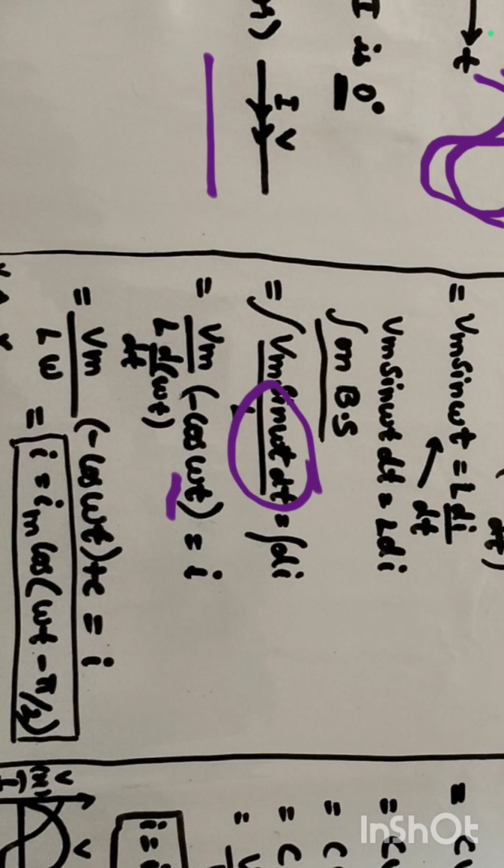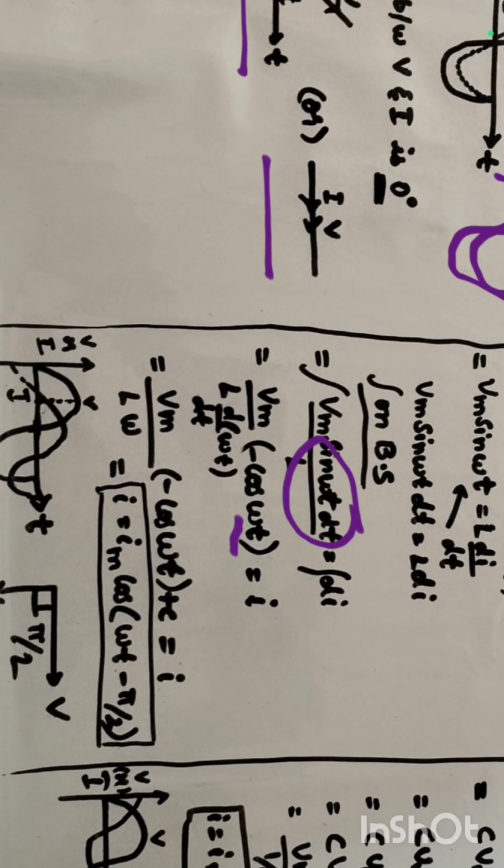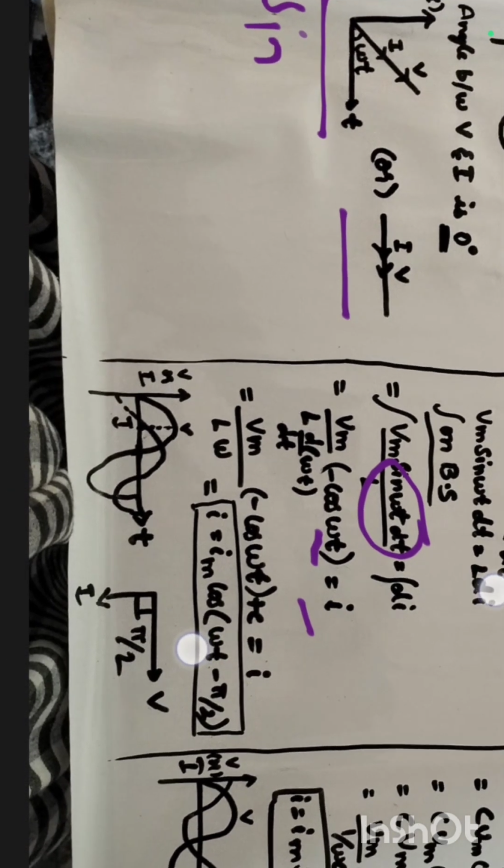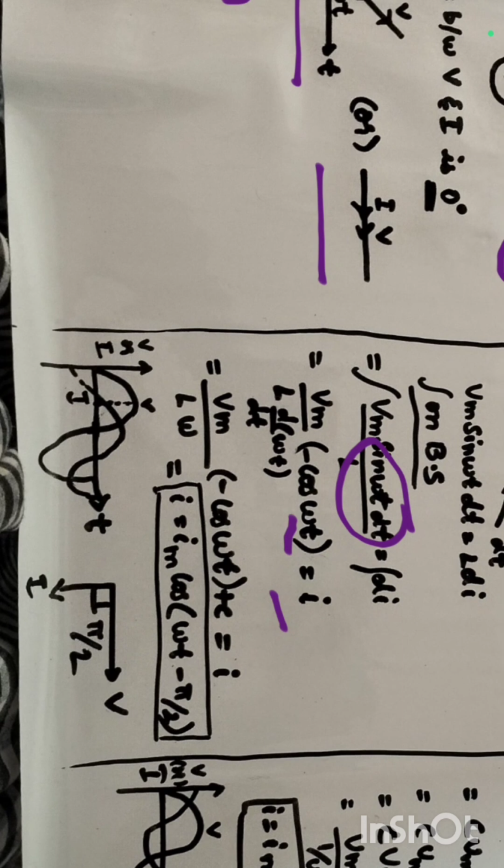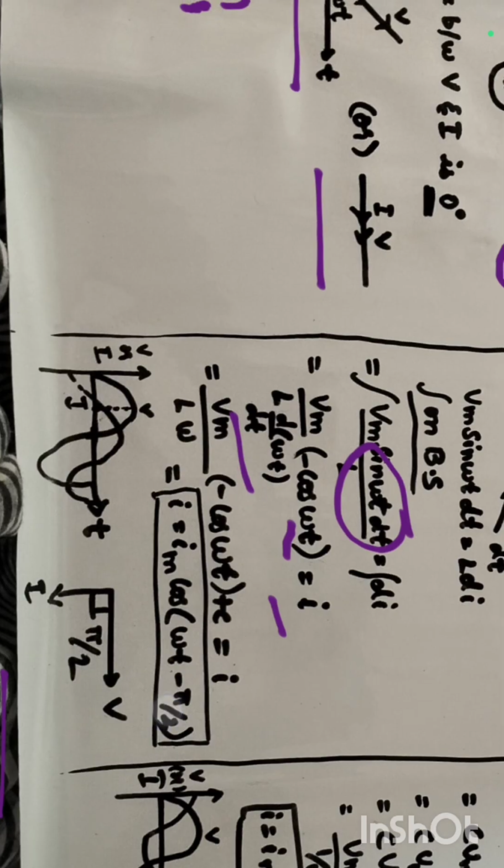So Vm by L, d omega t by dt, into minus cos omega t, which will be equal to, integrating on both the sides, the integration of di will be I. I hope you all are getting it. So Vm by L omega, differentiation of d by dt of omega t is omega, into minus cos omega t plus c, which will be equal to I.